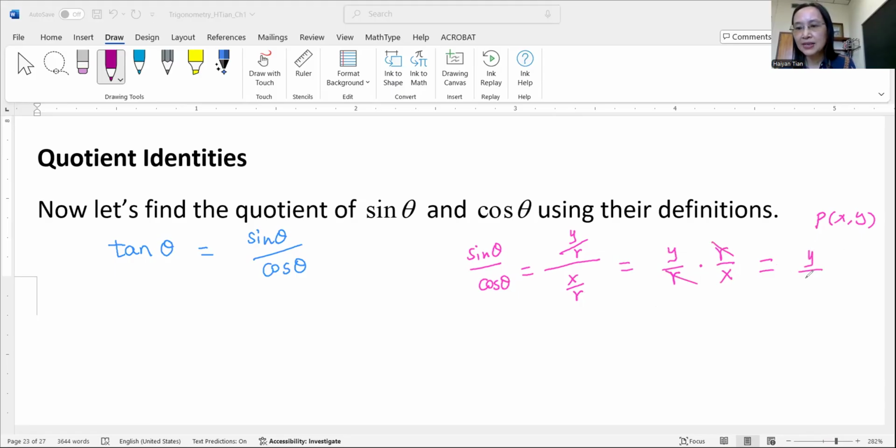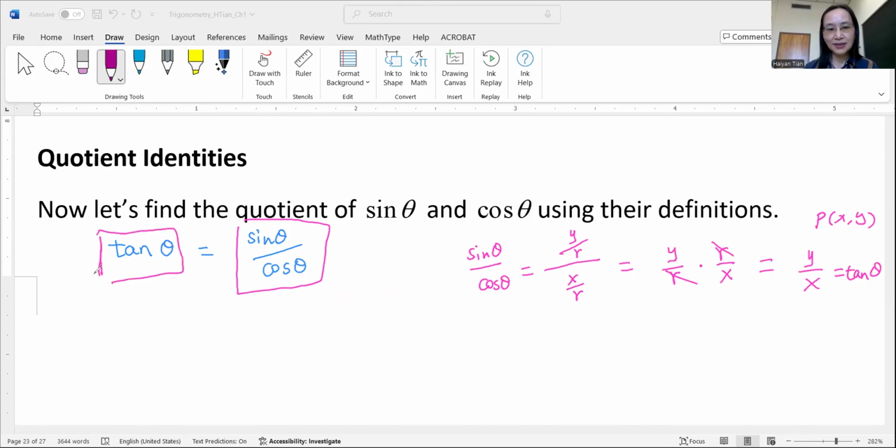Then we get y over x, which is tangent theta. So we actually proved by using this quotient, and finally we can obtain y over x, which is tangent theta. We just proved this identity we call the quotient identity.